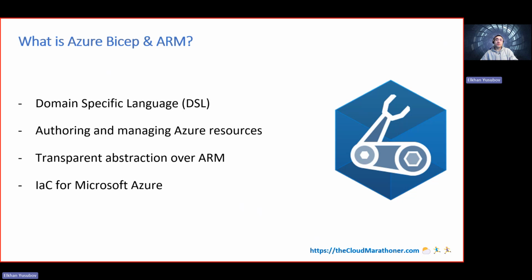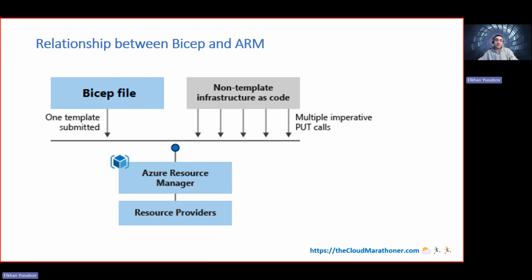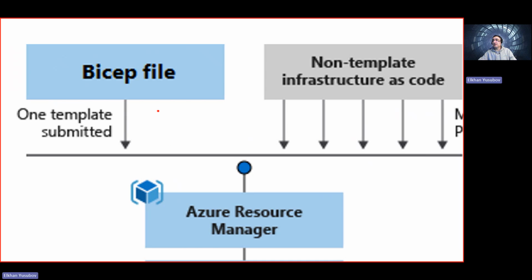Now let's look at some diagram to better understand how Azure ARM templates are related to Bicep and how Bicep files get compiled and deployed into the Microsoft Azure environment. Here I have a classic diagram, as you see on the screen, which represents the Bicep file as well as other non-template languages.